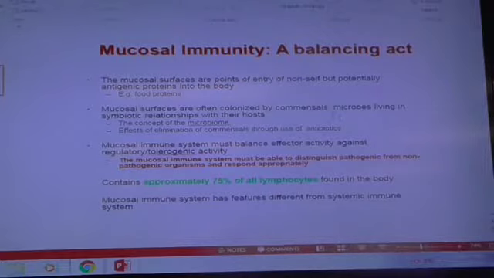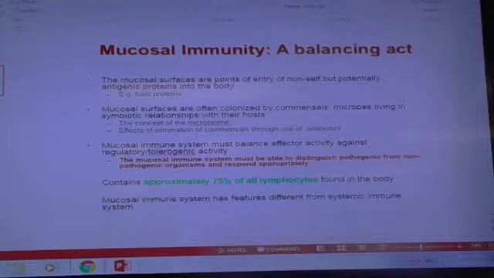We talked about commensals, the good bacteria that are occupying spaces completely on the mucosal surfaces. You'll see a slide where mucosal surfaces are protected from pathogenic bacteria by these commensals by a competitive exclusion process.